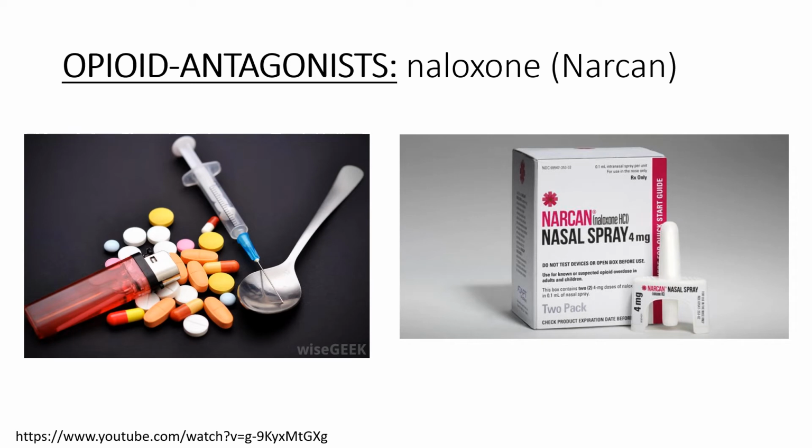Okay, and lastly, let's talk about naloxone, which is the reversal agent for opioids, whether they're prescription opioids that were taken in an overdose or illicit opioids, which were either taken orally or IV, and the patient is now in trouble.